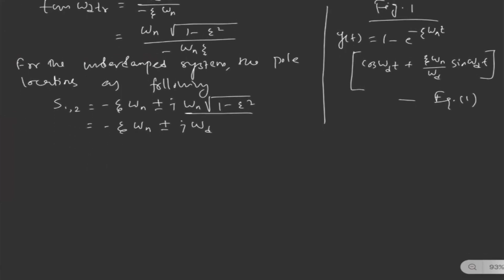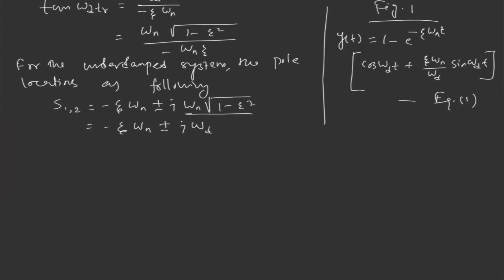And if you plot these poles in the s plane, we can have something like this. This is minus zeta omega n, and here we have omega d, and here we have another, minus omega d. This is basically one of the complex conjugate poles.